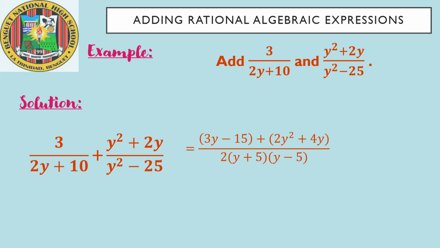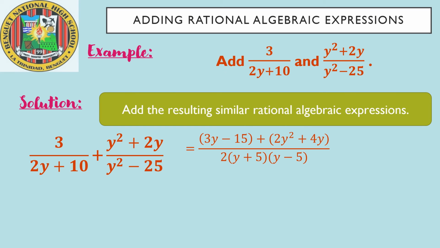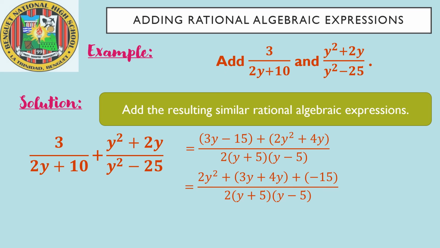Now that we've changed the rational algebraic expressions to RAEs with the same denominators, we can now add the numerators together. Again, we do that by combining similar terms and adding them so that we get the result, which is (2y squared plus 7y minus 15) over 2 times (y plus 5) times (y minus 5).